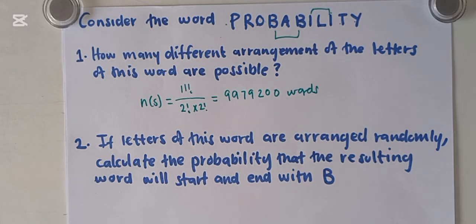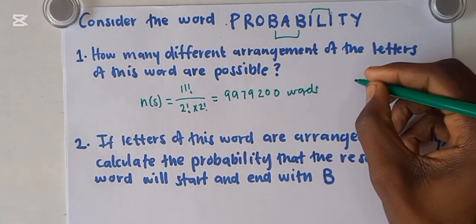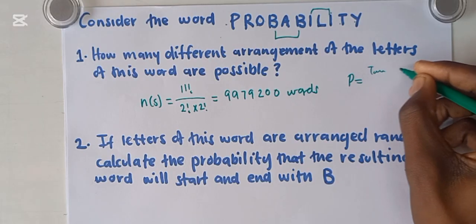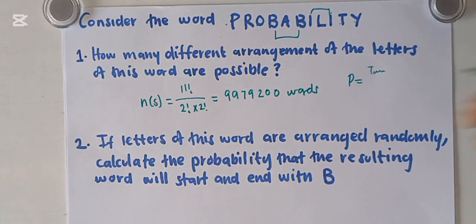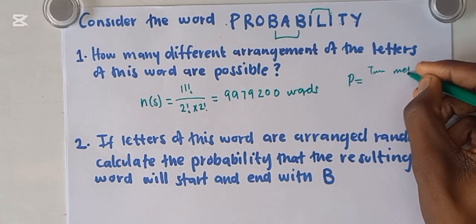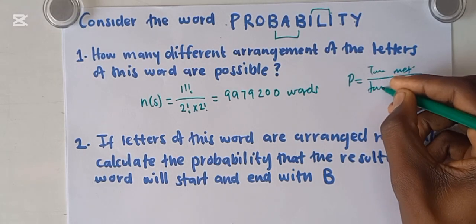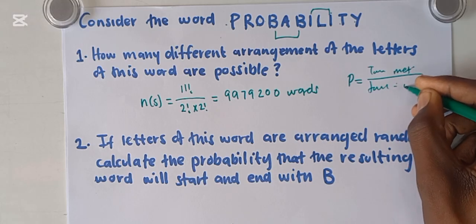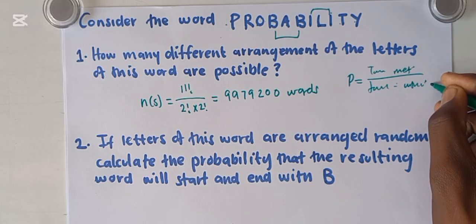They say if the letters of this word are arranged randomly, calculate the probability that the resulting word will start and end with B. By now I hope you know that probability is equal to the total number of outcomes that meet the condition, divided by the total number of outcomes without a condition.